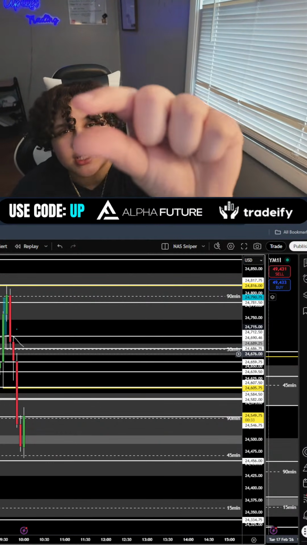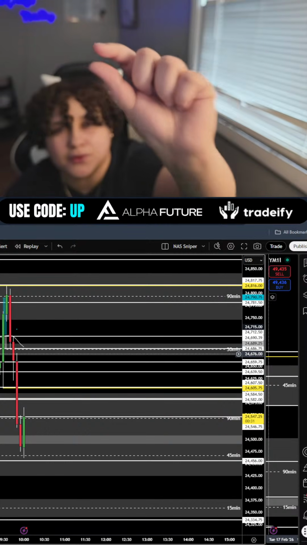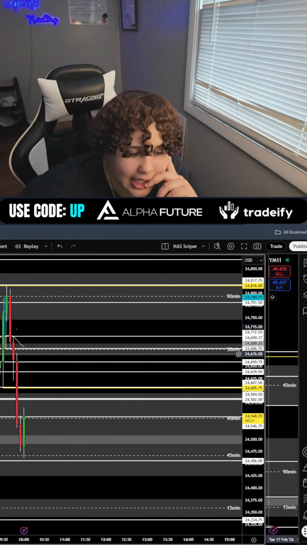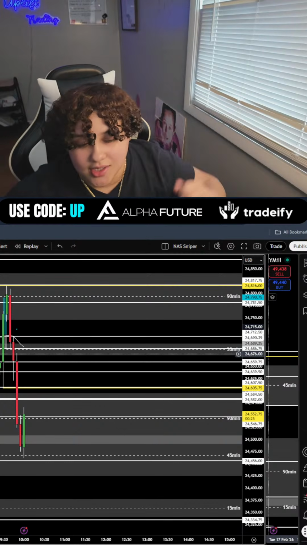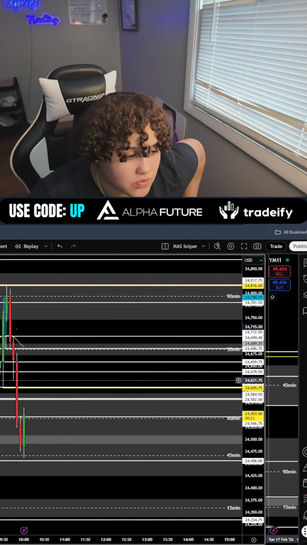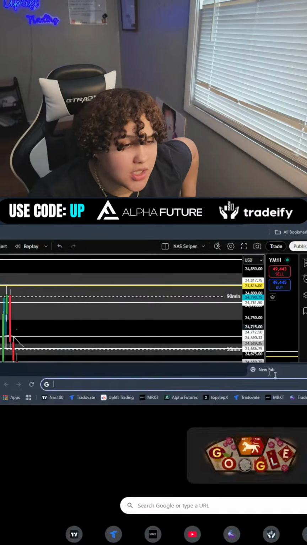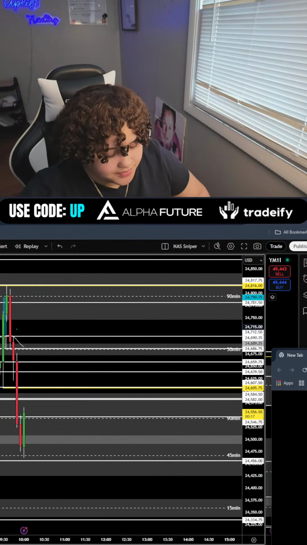And I needed this big of a move in order to pass the accounts. So it was like a quick in and out, because it was 10 contracts. That's what? I think it's $50 per tick. I'm pretty sure.